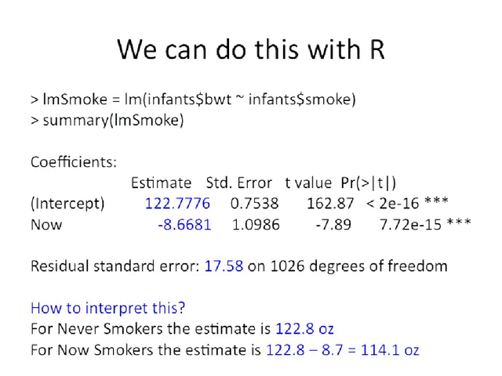It's not how tall she is, how much she weighs, how tall the father is, how much he weighs, or how many children she's had before. Smoking is reducing her baby's birth weight. If she's not smoking, the average is 122.8. If she is smoking, it's only 114.